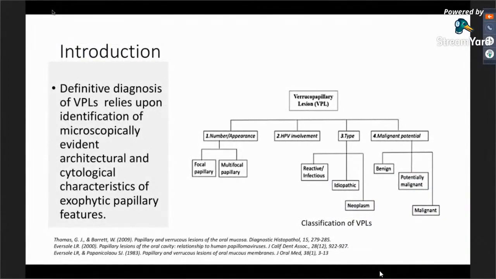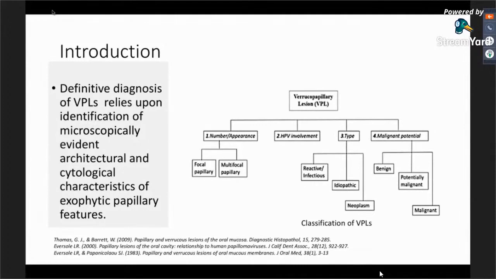First of all, we're going to talk about definitive diagnosis of verrucopapillary lesions, which really relies upon identification of microscopically evident architecture and cytological characteristics of exophytic papillary features.